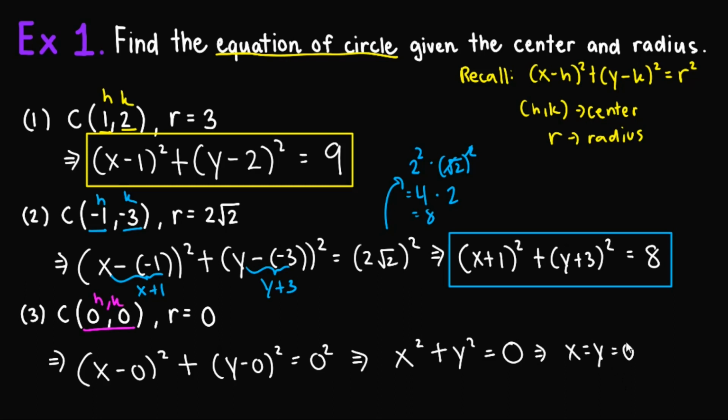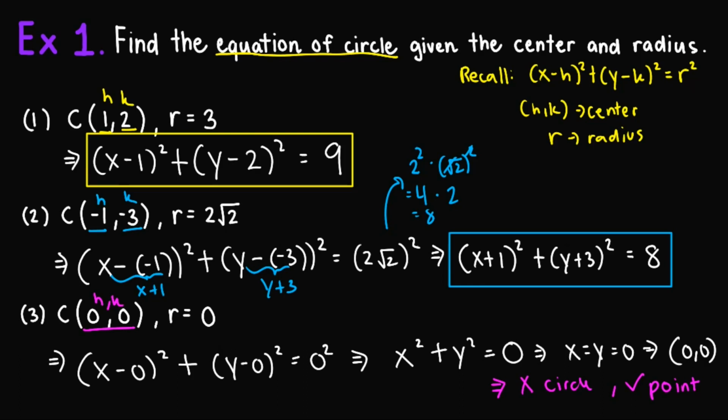So what does this mean? This means that we just have a point. So this out here is not a circle, but rather a point. So that is the answer for the last one.